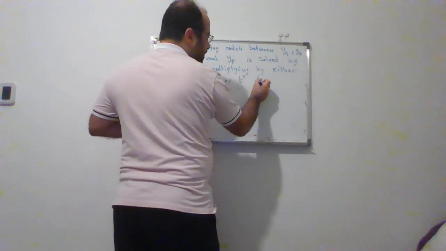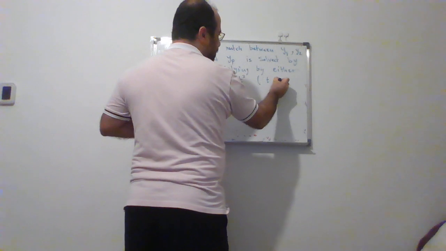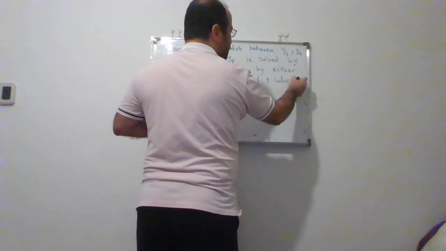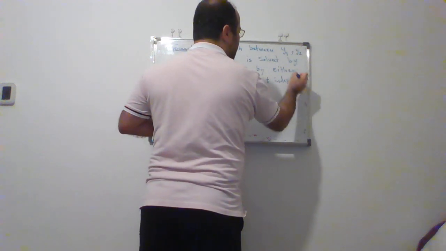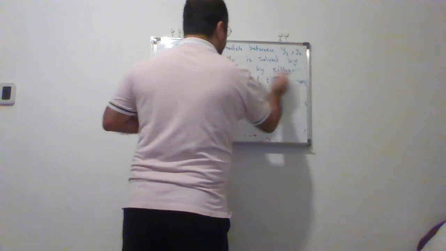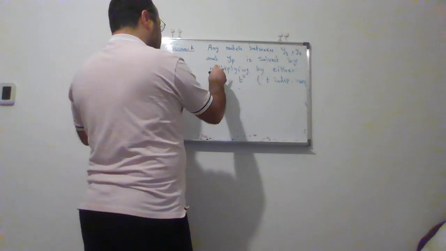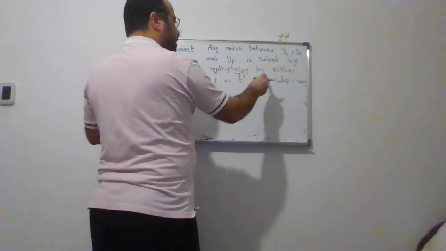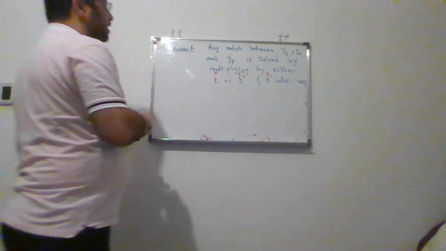And I'm considering here t is my independent variable. But if the independent variable is x, then you go with x squared.